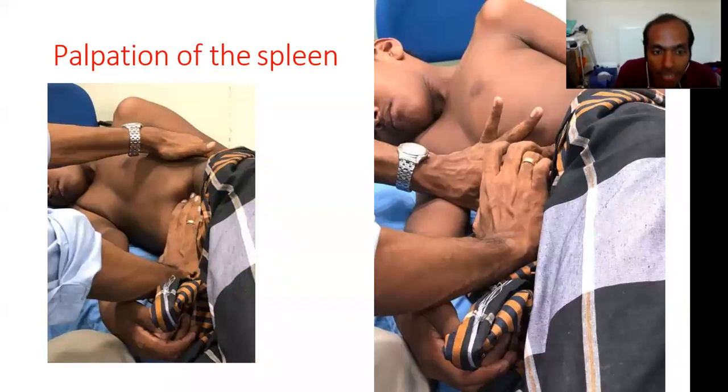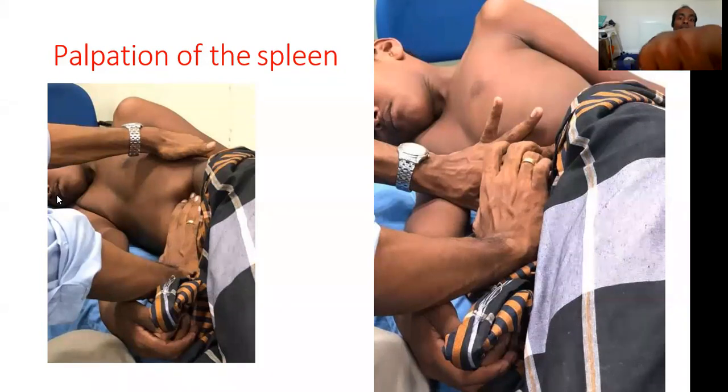If you don't feel the spleen in the supine position, you always turn the patient to the left lateral position. Look at the position this patient is in. The patient is well rolled onto the left lateral position, and the top leg, the left leg, is bent towards the patient.